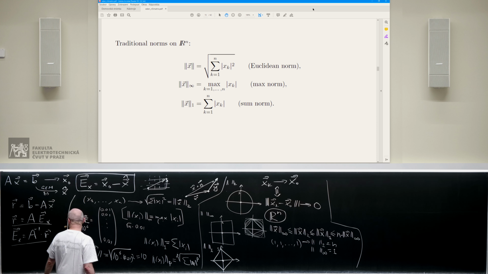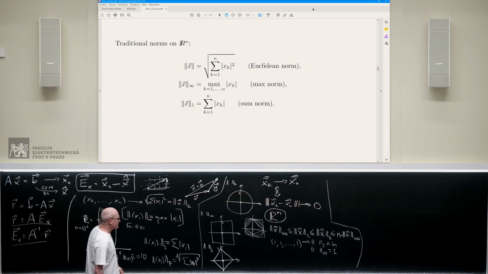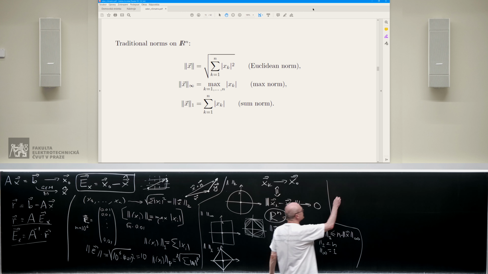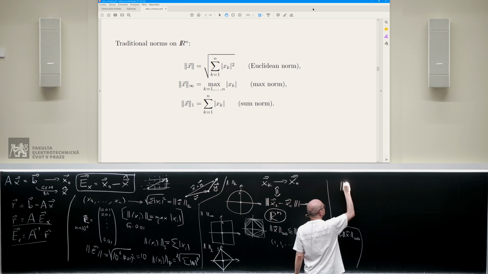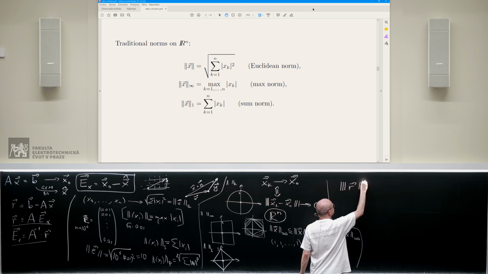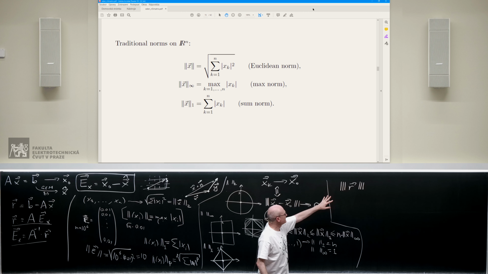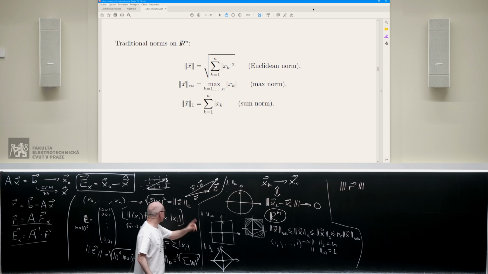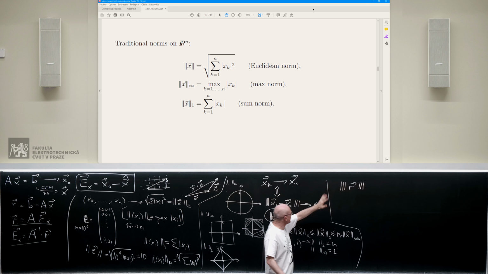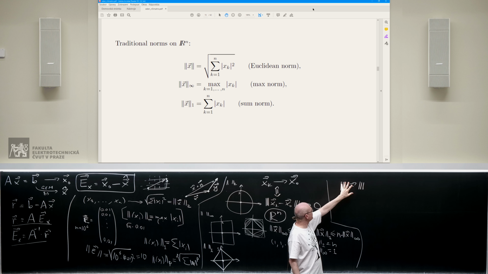We learned how to measure vectors. So I look at this equality. And I can measure the magnitude of the residual in some norm. Again, I'm using triple norm. I will be using it later with the maximum norm, but perhaps somebody prefers a different norm. So I will just take some norm of a vector.